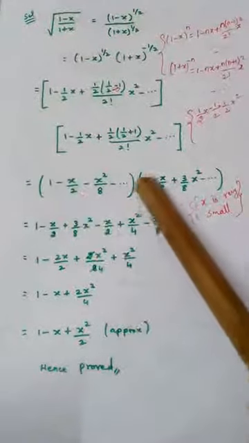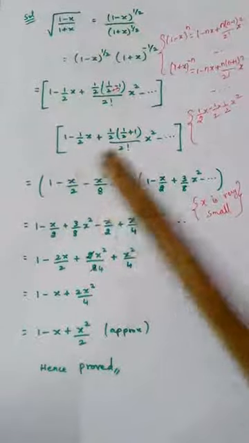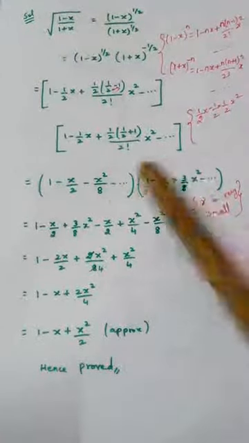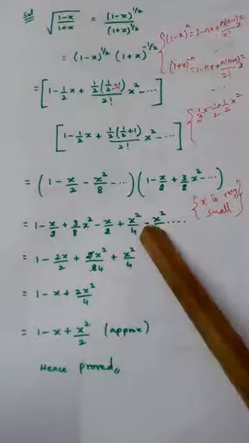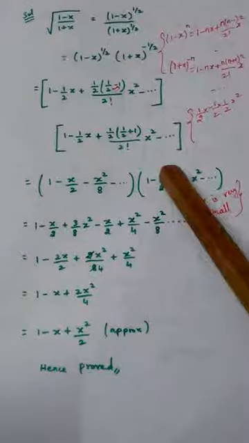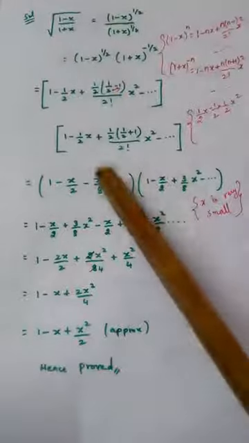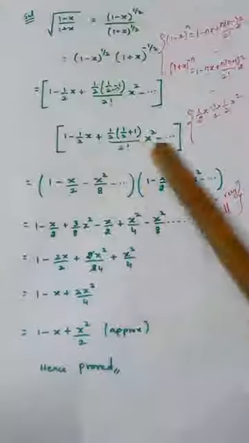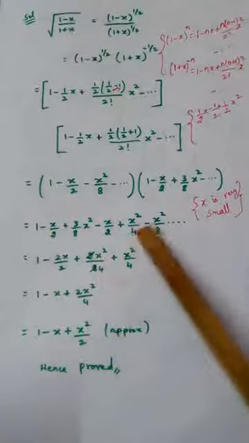So with 1, I am getting 3 terms. With this minus x by 2, when I multiply, I am getting only 2 terms. Here x cube comes, so I am omitting that. Similarly, take this to this. The answer is minus x square by 8. When I take this to the second term, it becomes x cube, so I am not interested in writing that. x square into x square is x power 4. x cube itself I omitted, so definitely I will omit x power 4. So only this I will be writing.